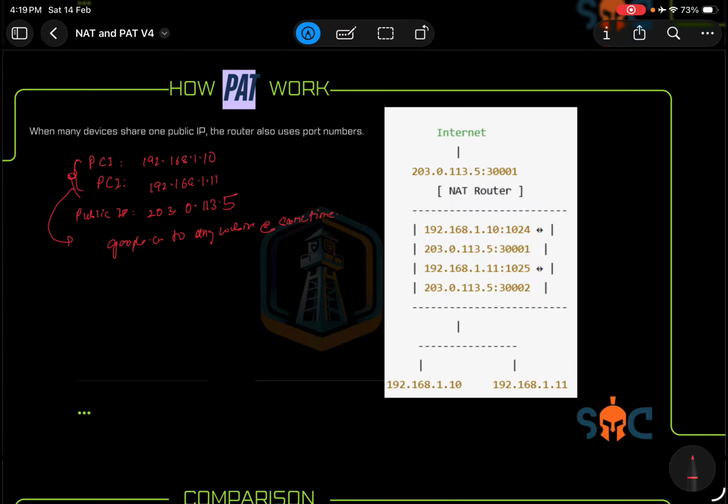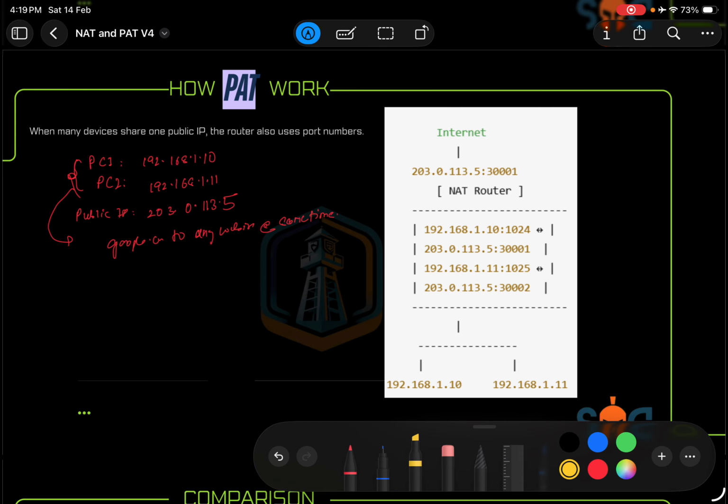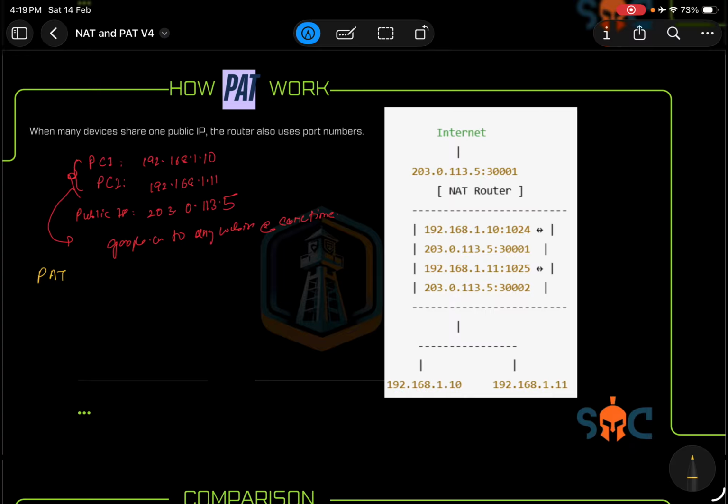Let's say there is a PAT table like the NAT table. In that, these two devices' private IP addresses are assigned a port number.